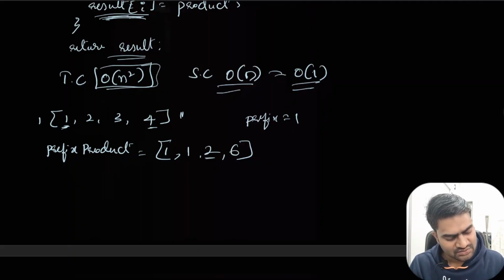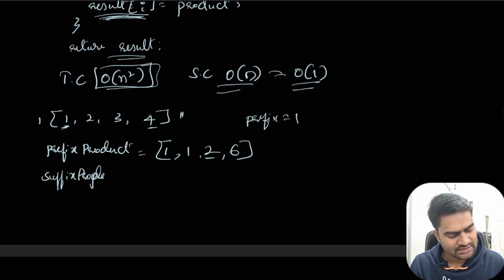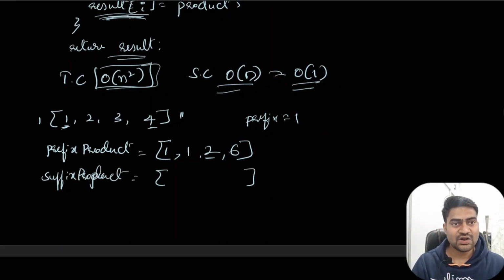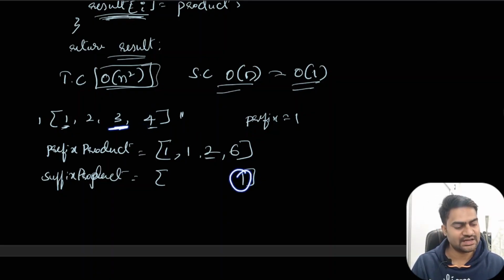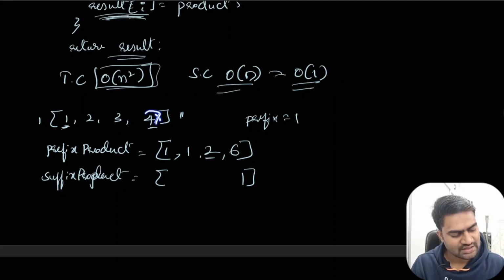Now I will also take another array, the suffix product. I will not start from the first number because I need the suffix product, right? So I will start from the last number, then move towards the left. For the last number we can simply take 1 because there is nothing after it, correct? Now for the next number, it will be this number into its suffix product. So 4 into 1, which is 4.